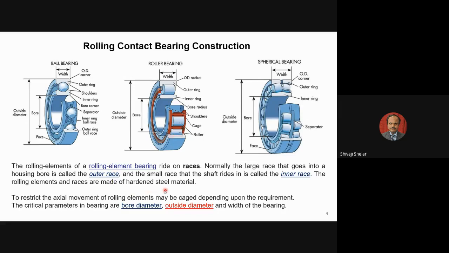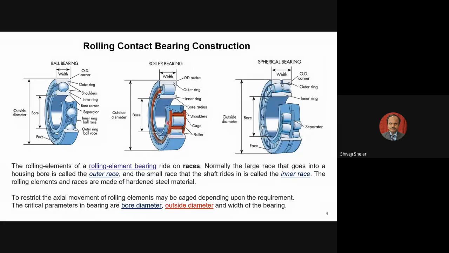So basically the raw material for constructing the inner race, outer race as well as the rolling elements, and sometimes even the cage, is hardened steel depending upon the requirement. But normally the cage is not hardened in this case, though in special cases the cage also can be hardened.